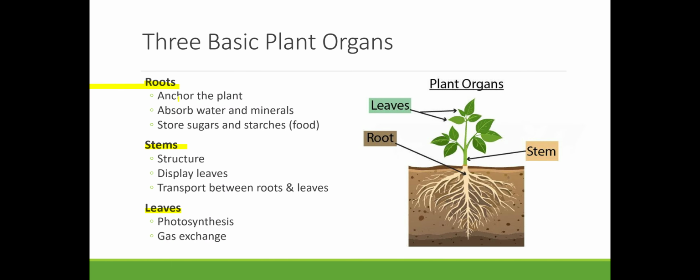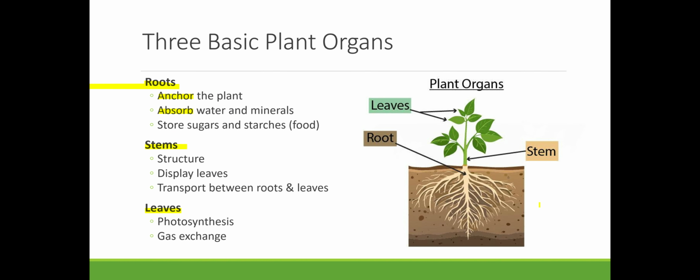And so the roots would be part of that root system, and they have three main jobs. They anchor the plant and hold it in place, and this is one reason why roots are really good at preventing erosion. They can come in different types, like a taproot with these extensions, or it could be a fibrous root. We looked at that a little bit with monocots and dicots. A second function of roots is they are our absorbers.